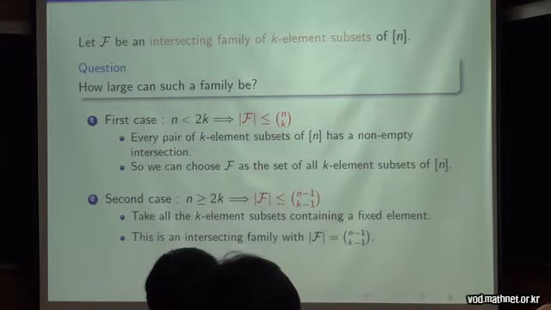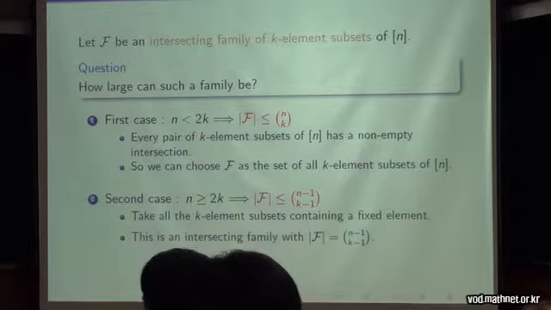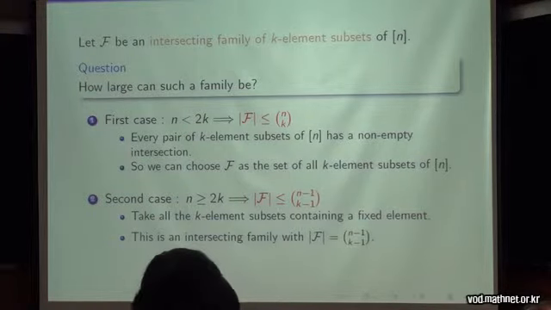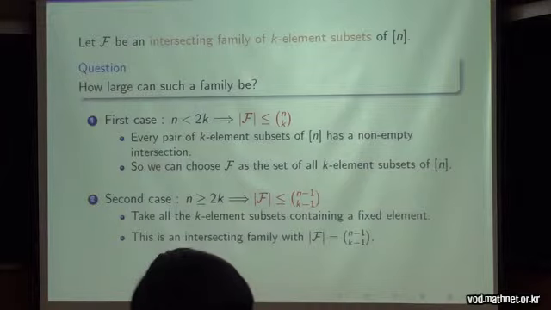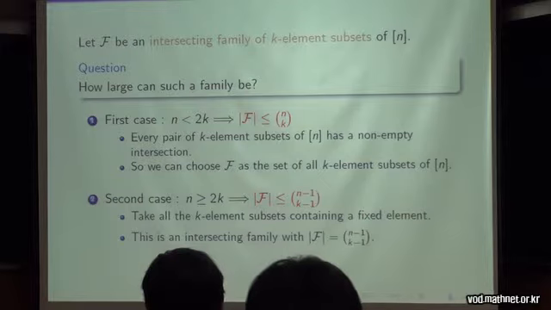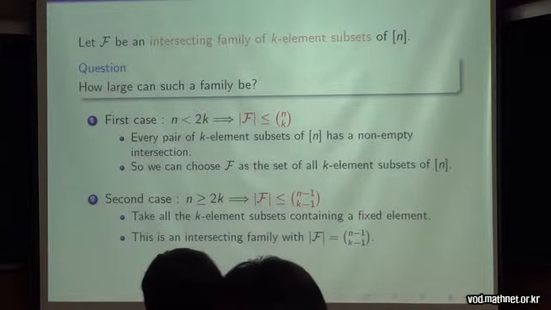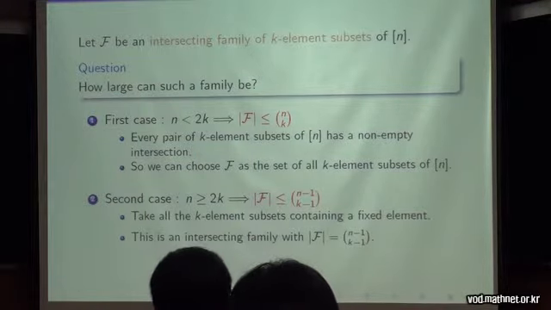So the size of all sets in this family is k. We say this family is a k-uniform family. Then what is the maximum size of a k-uniform intersecting family? If n is less than 2k, you can choose the subfamily of all k-element subsets. Then every pair of k-element subsets must have a non-empty intersection.